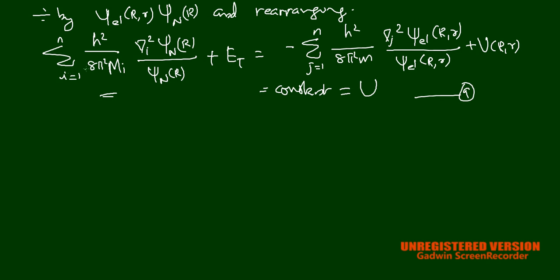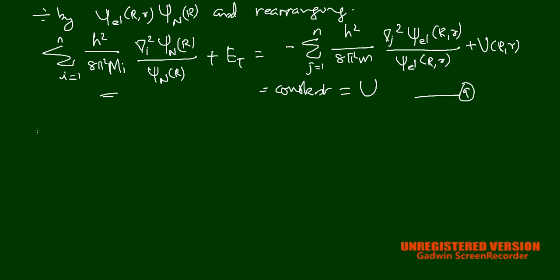For me, it would be better if I have a negative sign here, because the kinetic energy part of the Hamiltonian is minus h square divided by 8 pi square M I and so on. So I will take this to the other side.